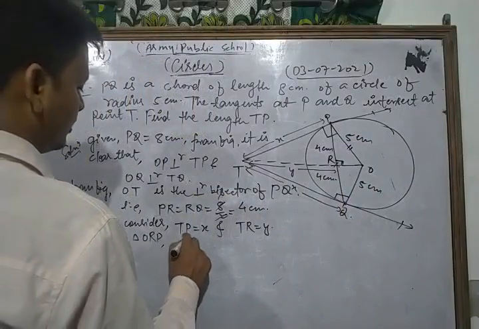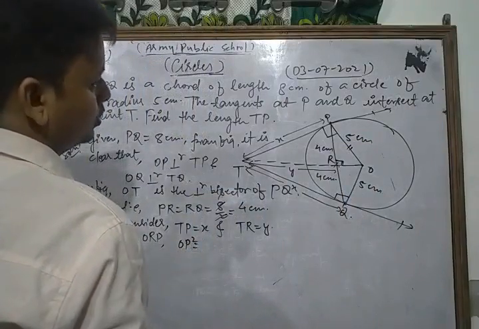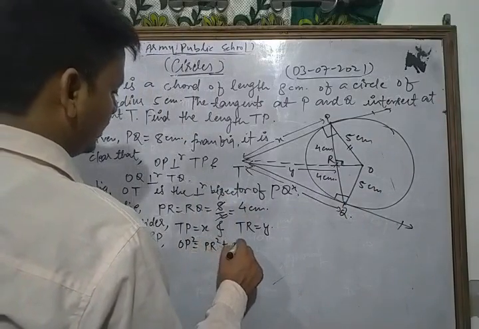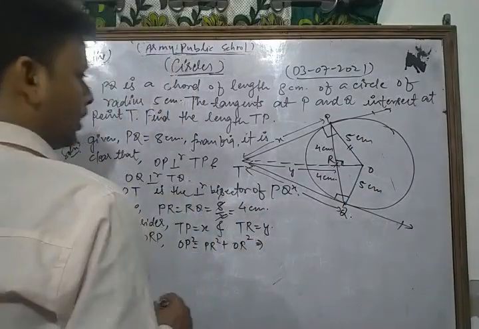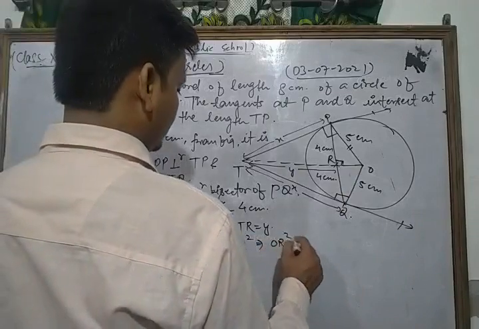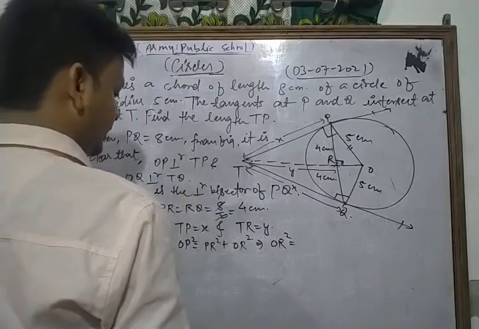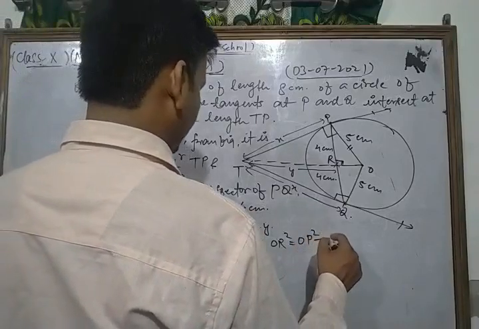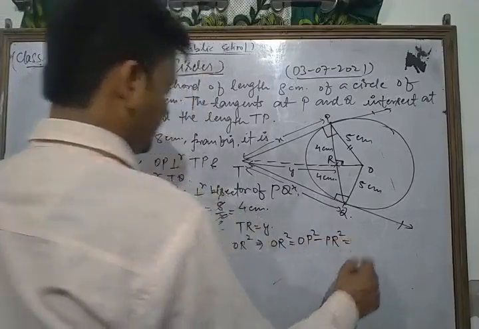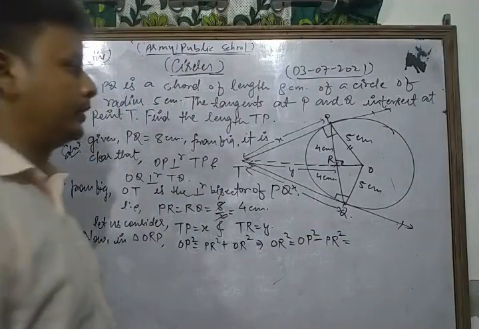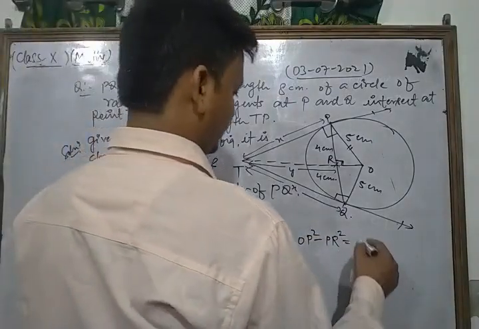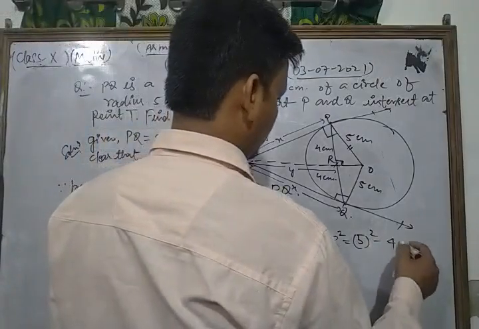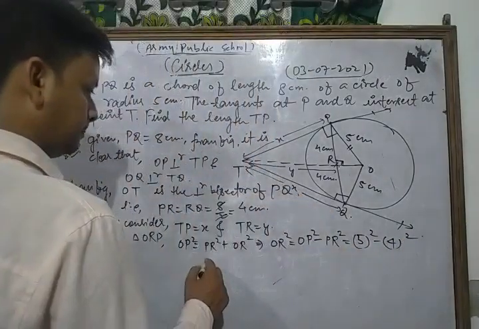So OP square is equal to PR square plus OR square. So from there OR square is equal to, dear friends, OP square minus PR square. Now look, OP is 5 minus PR is 4. So what do we get?